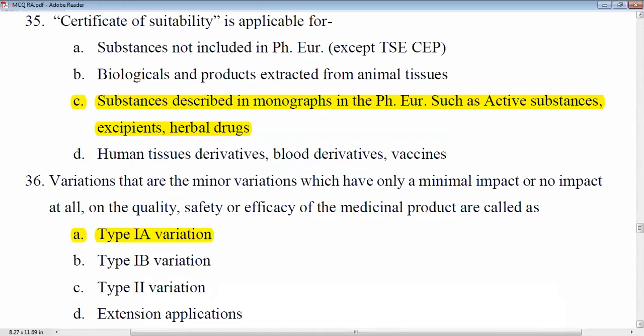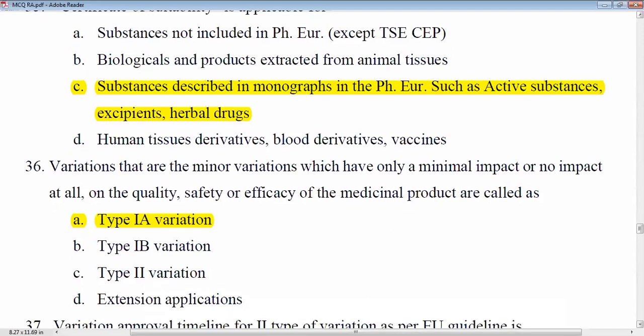Option C is substances described in monographs in the PhEur such as active substances, excipients, herbal drugs, and option D is human tissue derivatives, blood derivatives, vaccines. So the certificate of suitability is applicable for substances described in monographs in the European Pharmacopoeia such as active substances, excipients, herbal drugs.